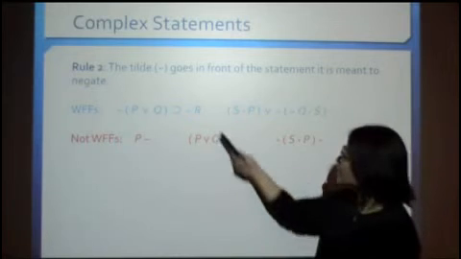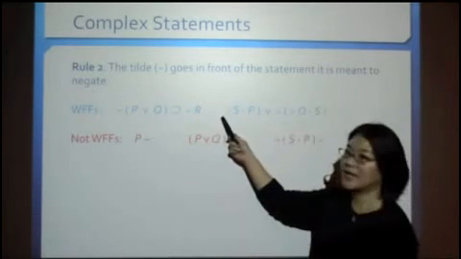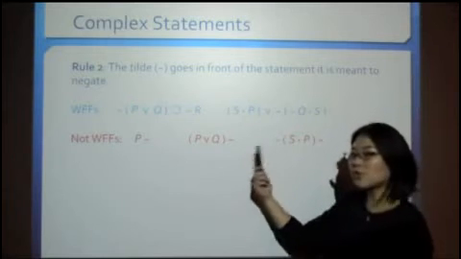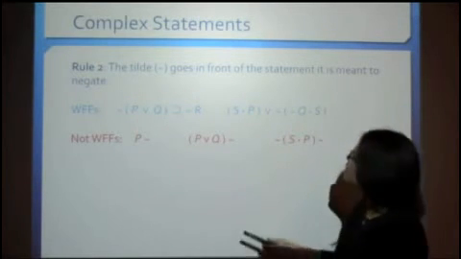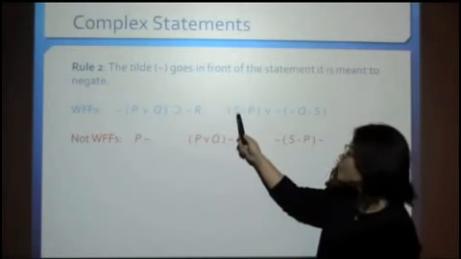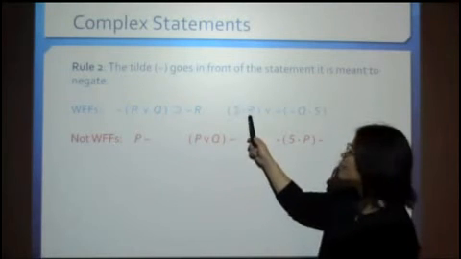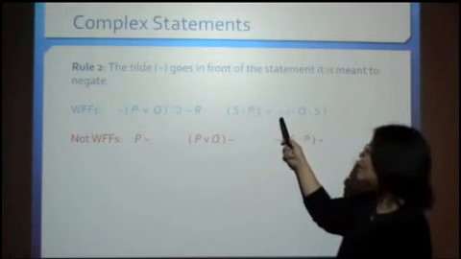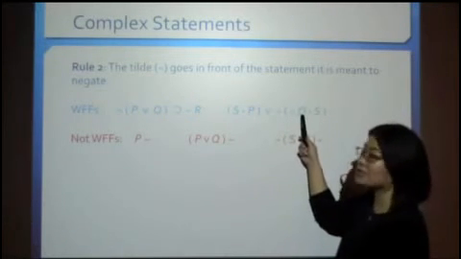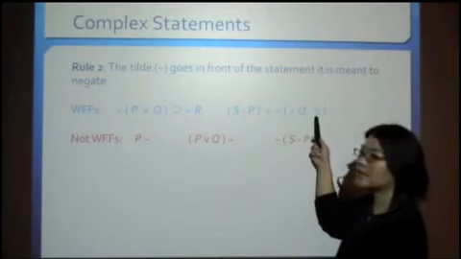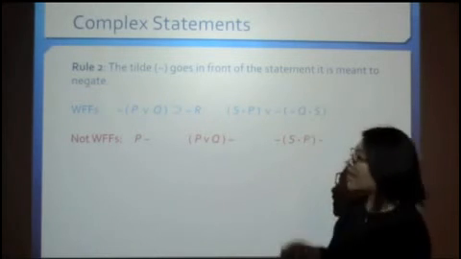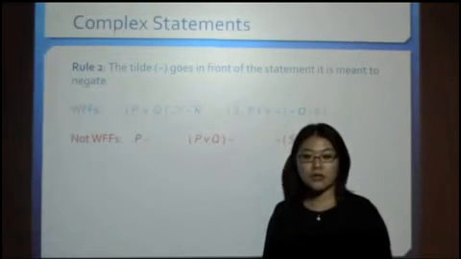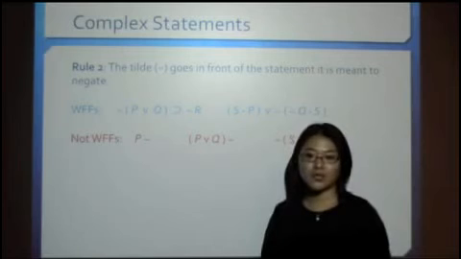If that's the case, then this complex compound statement, which is a disjunction, because that's the main operator, will read as follows in ordinary language: both the sky is blue and the grass is green, or it's not the case that it is not raining, and the sky is blue. And that is actually a grammatically correct sentence in ordinary language. It is also a grammatically correct statement in propositional logic.